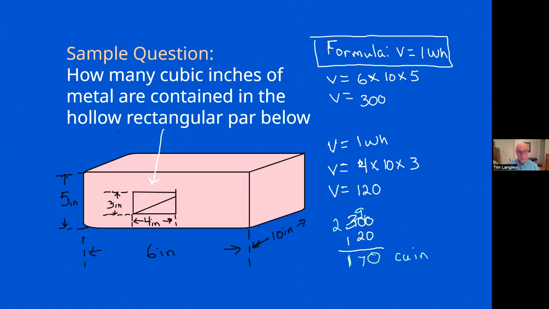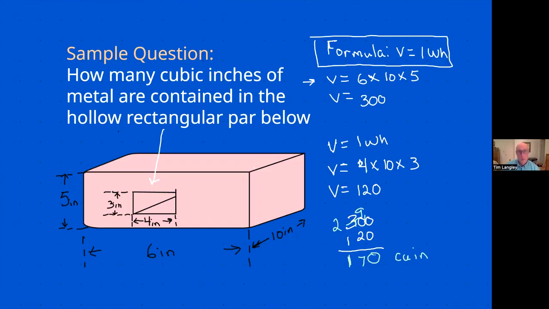And so what we're going to do is find the total of the whole metal block. So our formula for a rectangular solid over here is the top right here. There's our formula. We wrote it out, LWH, 6 times 10 times 5. Those numbers come from the actual big shape. If you look and see, that gives us 300 cubic inches of volume.